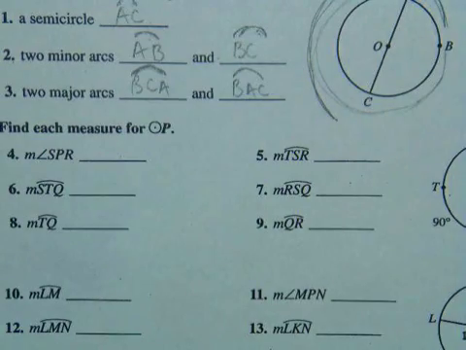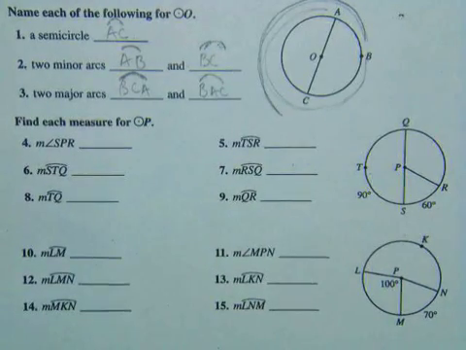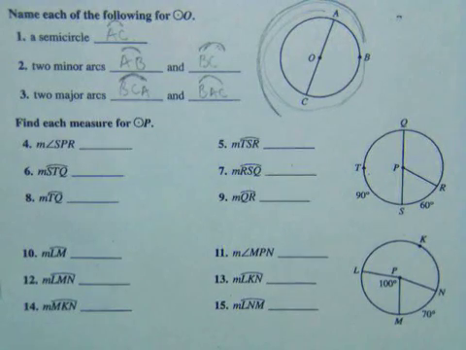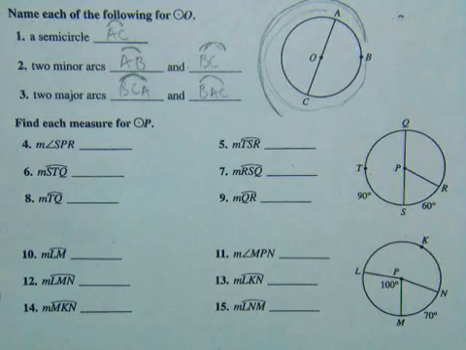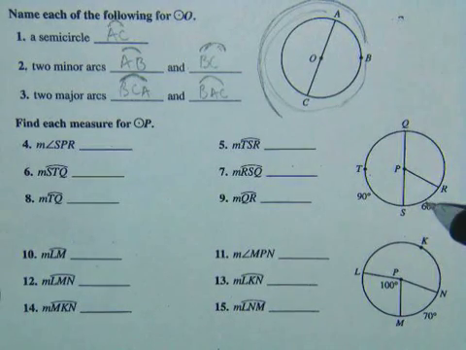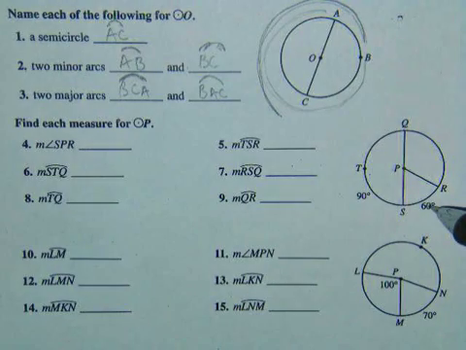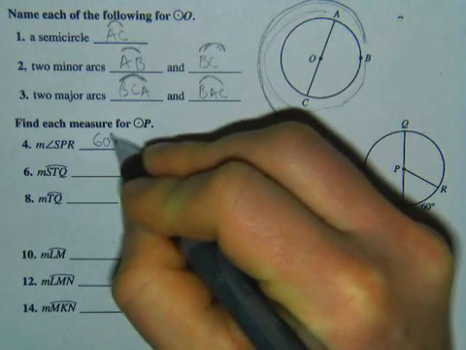Come on down, throw in some measures. Let's zoom out a little bit, hopefully not too far so you can still see what's going on. It's really just identify and then fill in what we know. SPR is right there. It's going to be the same as that one. So SPR is 60 degrees.